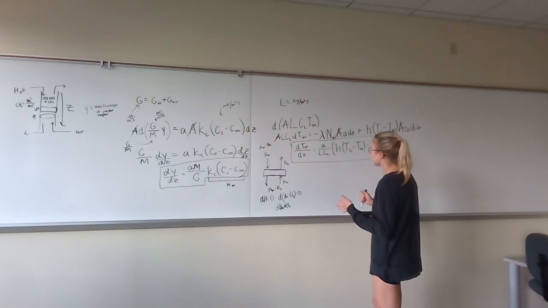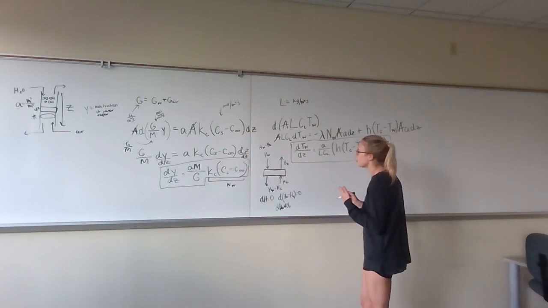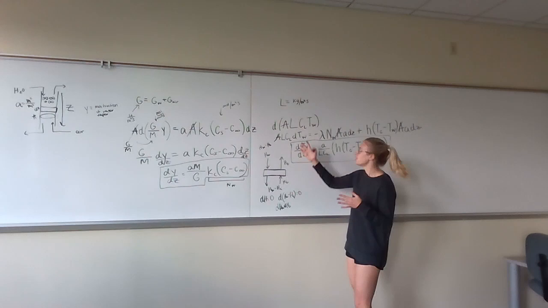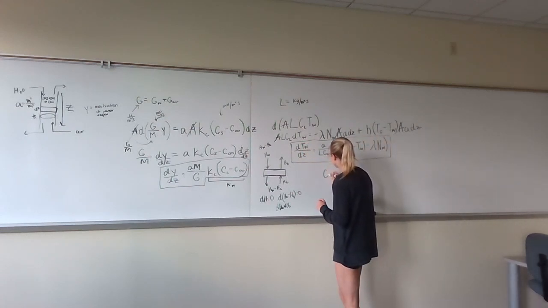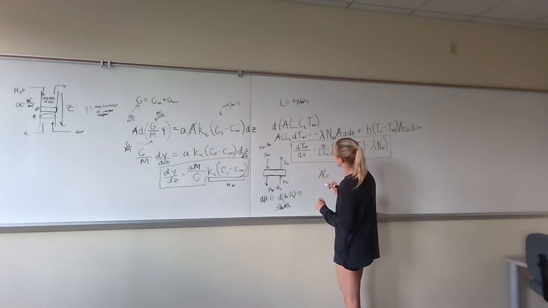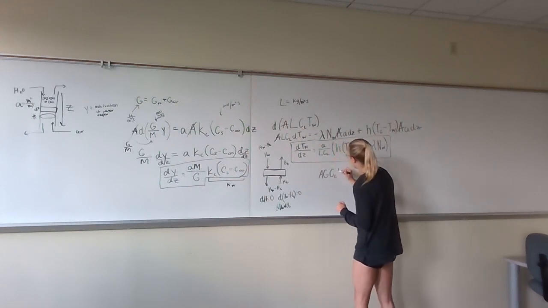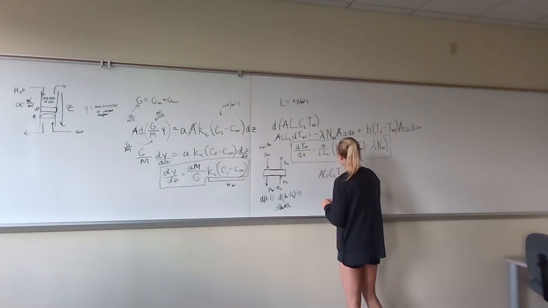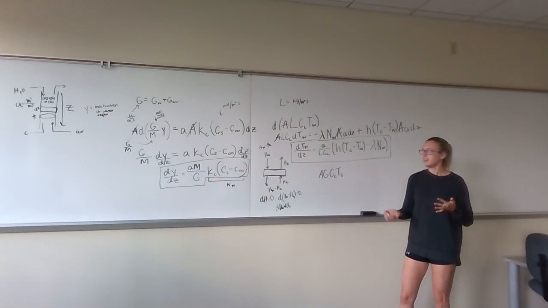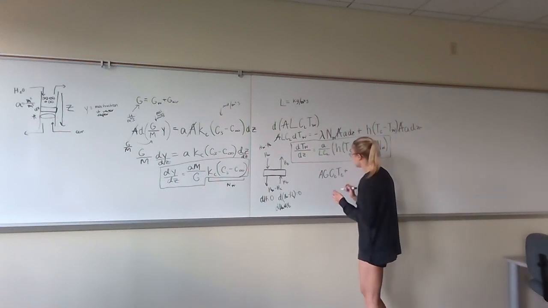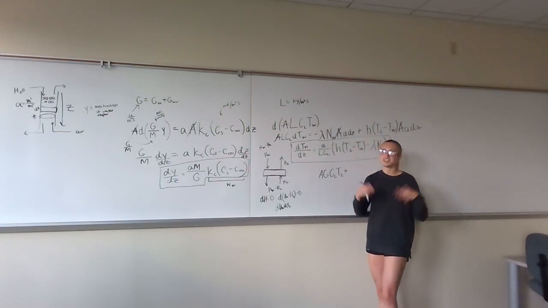So when we look at the enthalpy of the gas going in, it's going to look very similar to this equation that we have up here. So we have the gas flow rate multiplied by the area, and we want to multiply this by the heat capacity of the gas phase, and then by the temperature of the gas. Now for this, we also want to add the enthalpy of vaporization, since the enthalpy of vaporization will be heating up the gas phase.